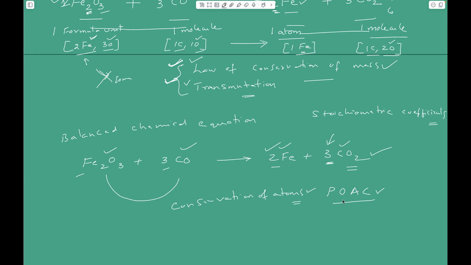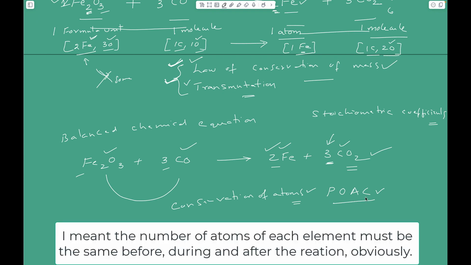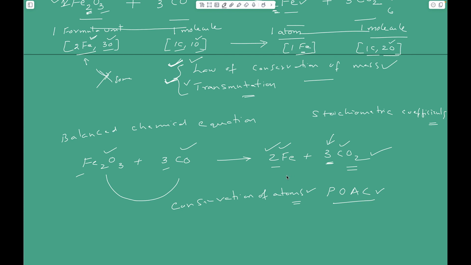By using the principle of atom conservation. That is, atoms of each element must be the same before and after the chemical reaction. That is, atoms are neither created nor destroyed nor transmuted during a chemical reaction.